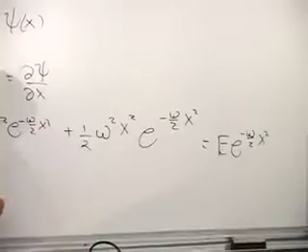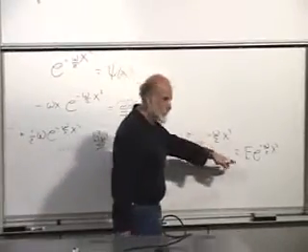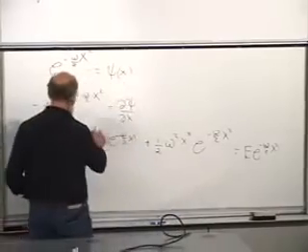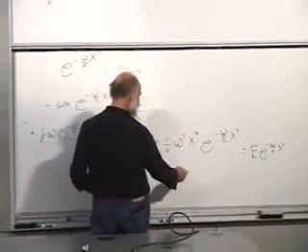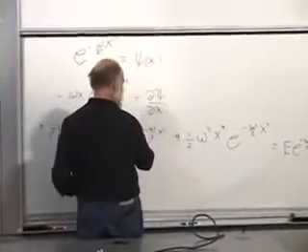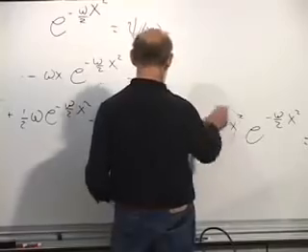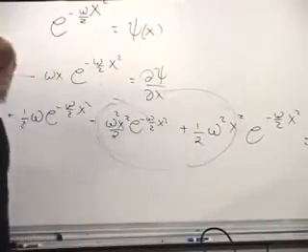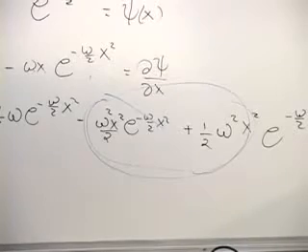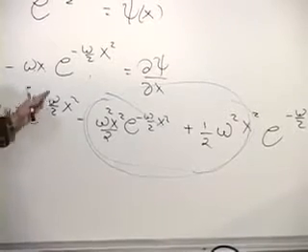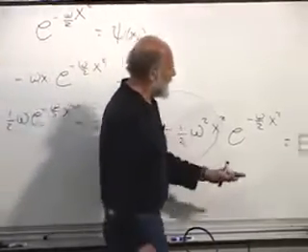So quite independently of what the eigenvalue is, these two cancel. We don't have to worry about them. They're gone. What's left?